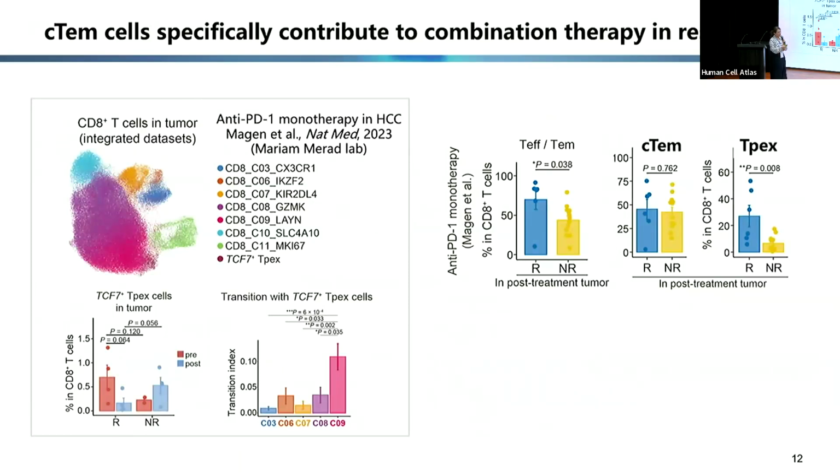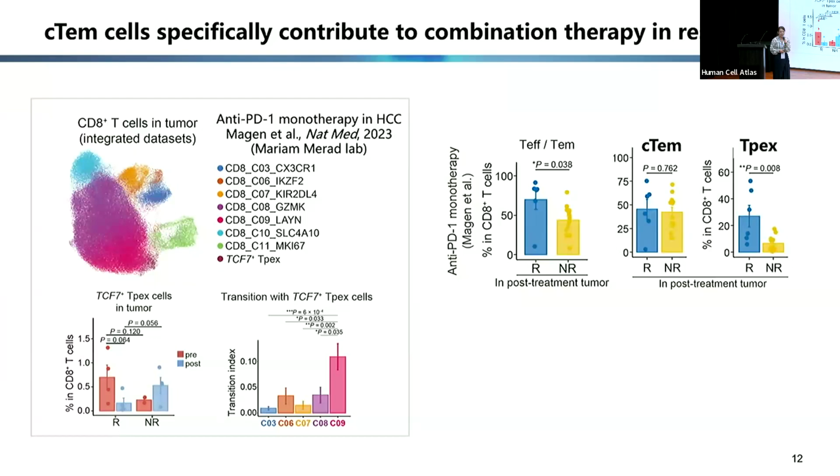We can see that after the integration, the TPEX cells indeed have a higher proportion in the responders compared to non-responders. But we did not observe similar changes for CTEM cells, indicating that they could be the reason why the combination therapy showed higher treatment efficacy.